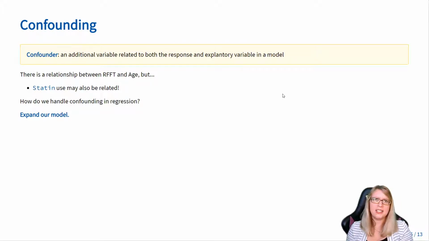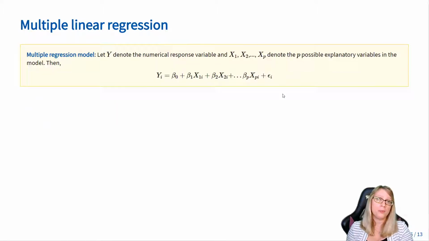Well, we can extend our model. Let's add statin use into our regression model. We can do that by using multiple regression. So in general, we'll let y denote our numerical response. We'll let x1, x2, all the way up through potentially xp denote p potential explanatory variables in our model.